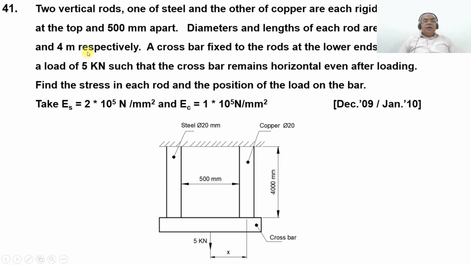And the bar has got 4 meter length, so 4000 mm. And a crossbar is fixed to the rods at the lower ends, carries 5 kN, such that the crossbar remains horizontal even after loading. Find the stress in each rod and the position of the load, at what distance. So we are going to assume the distance as x.